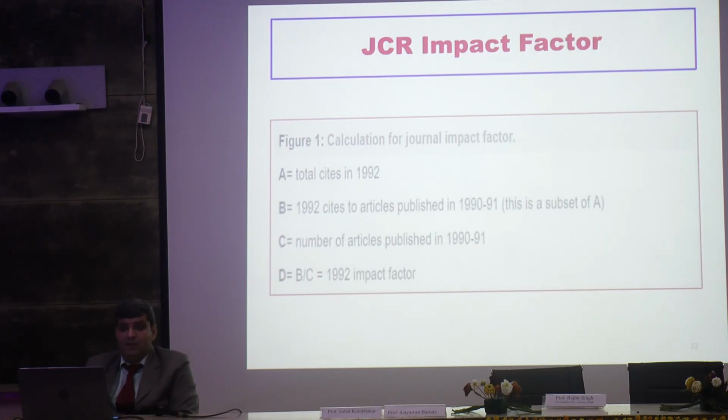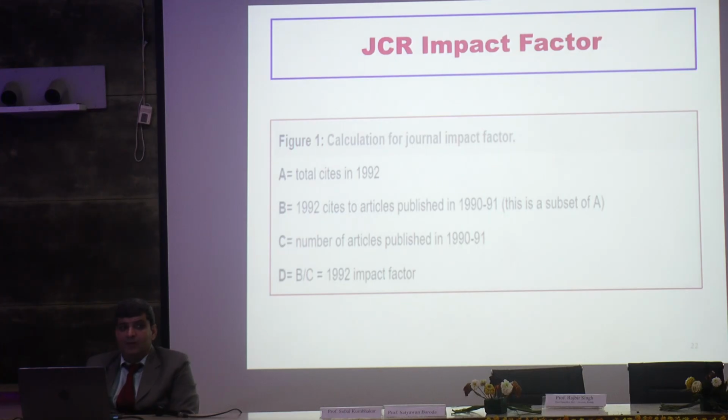If citations are low, the ratio will be low. If the number of publications is higher, the ratio will be low. So this is a ratio that shows the impact of a publication. Impact in the sense of being used by other people. When we publish, it is available online, and anyone can use it throughout the world.